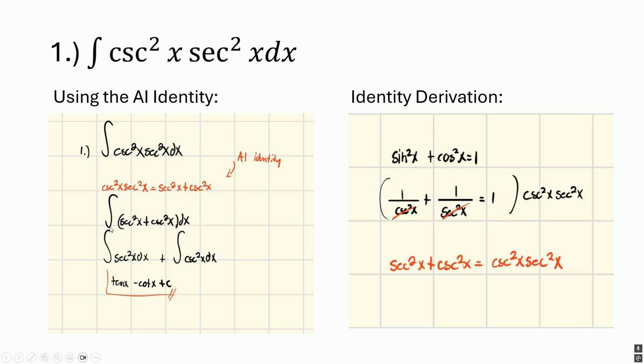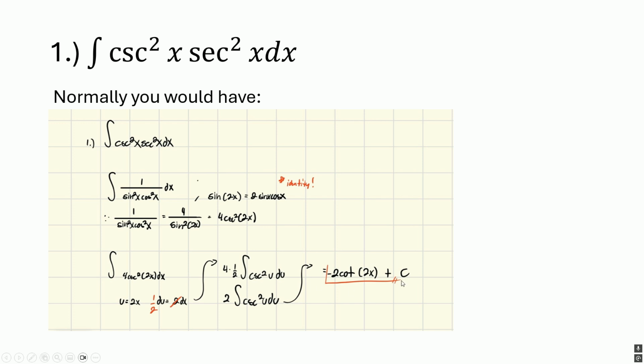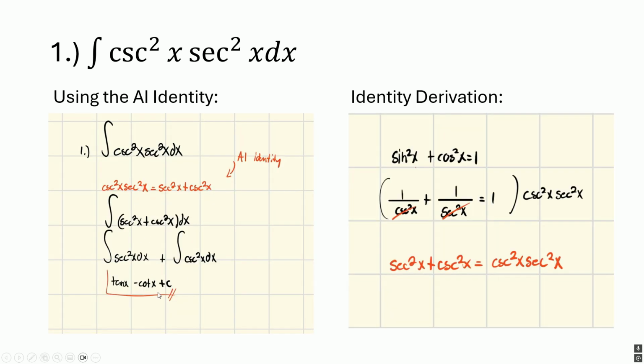So hence yung integrand mo ay magiging the integral of secant squared x plus cosecant squared x dx, na pag ini-split ay magiging itong dalawang integrands na ito, which have their own basic formulas. So the integral of secant squared x is tan x, and the integral of cosecant squared x is negative cot x. Hence, ang sagot ay tan x minus cot x plus c. Pagka in-expand to, ito rin yung lalabas.